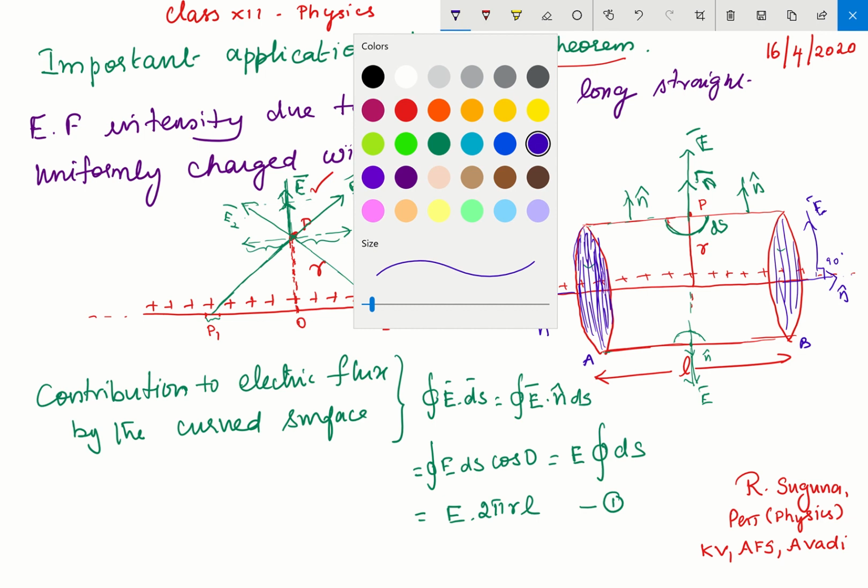E dot dS: E and dS, the area vector direction, both are perpendicular, so what is the electric flux here? The electric flux will be 0.